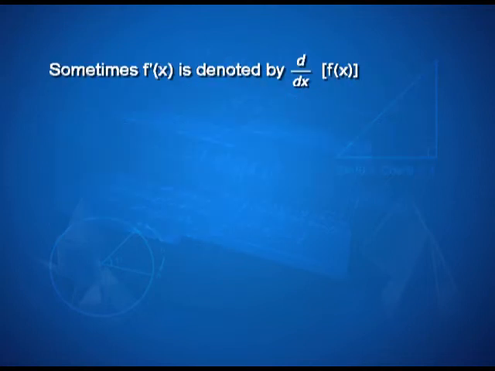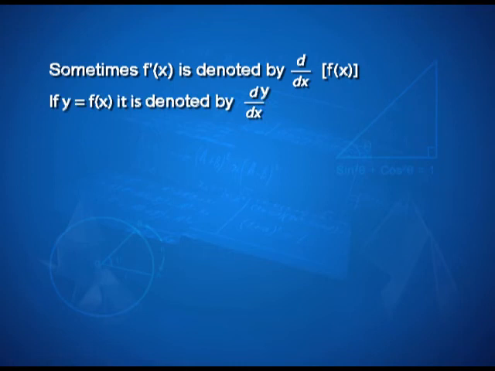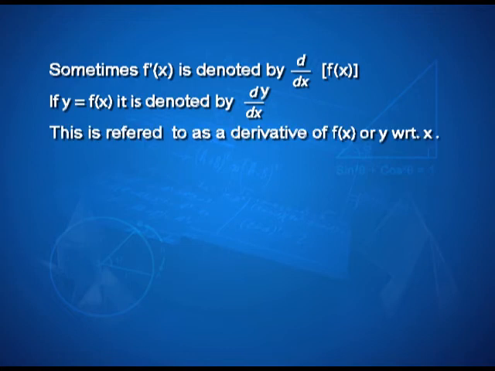Sometimes f dash x is denoted by d by dx of f of x, or if y is equal to f of x, it is denoted by dy by dx. This is referred to as the derivative of f of x or y with respect to x.